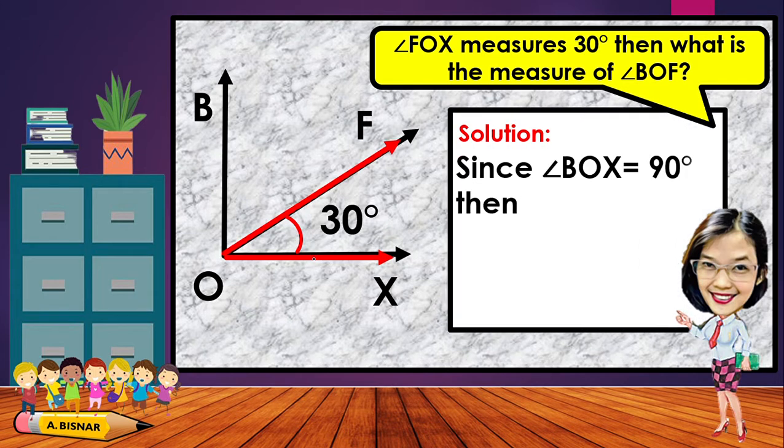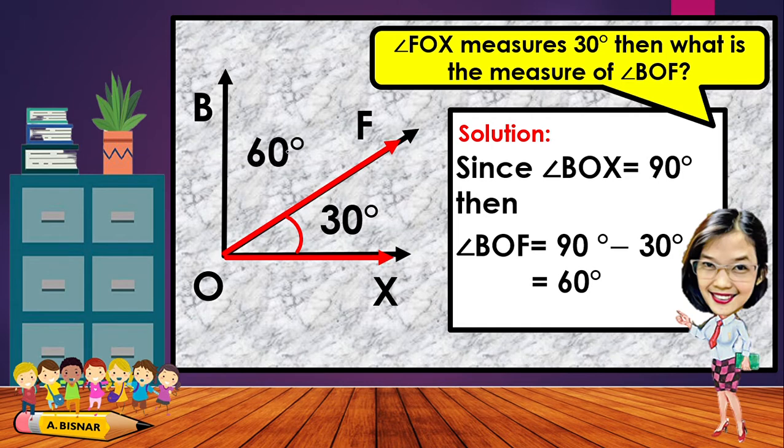Since angle BOX is equivalent to 90 degrees because it is a right angle, then angle BOF is equal to 90 degrees minus 30 degrees. And from here, we can say that angle BOF is equivalent to 60 degrees.